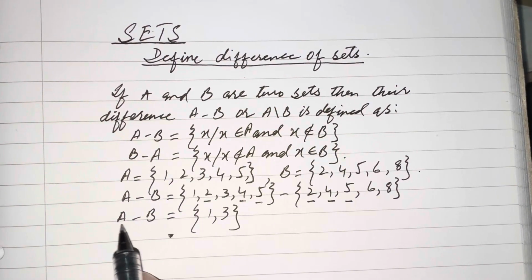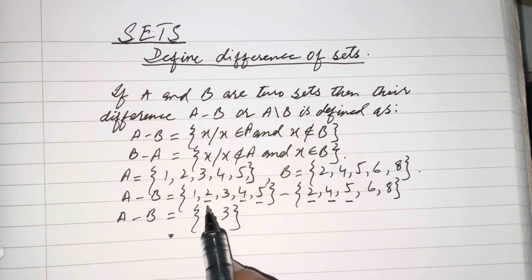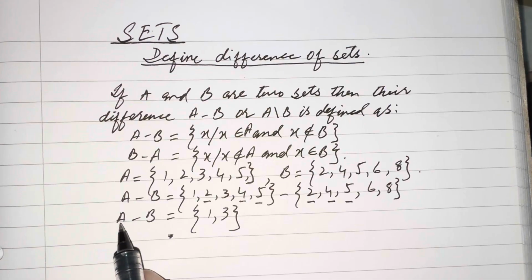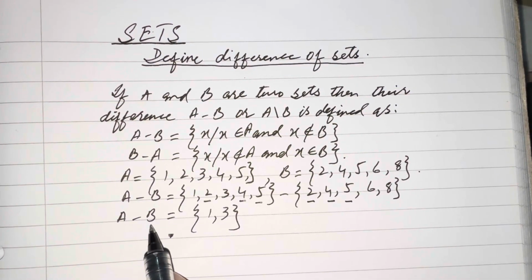So the remainder elements are 1 and 3, and 1 and 3 is the answer when we find the difference between A and B.